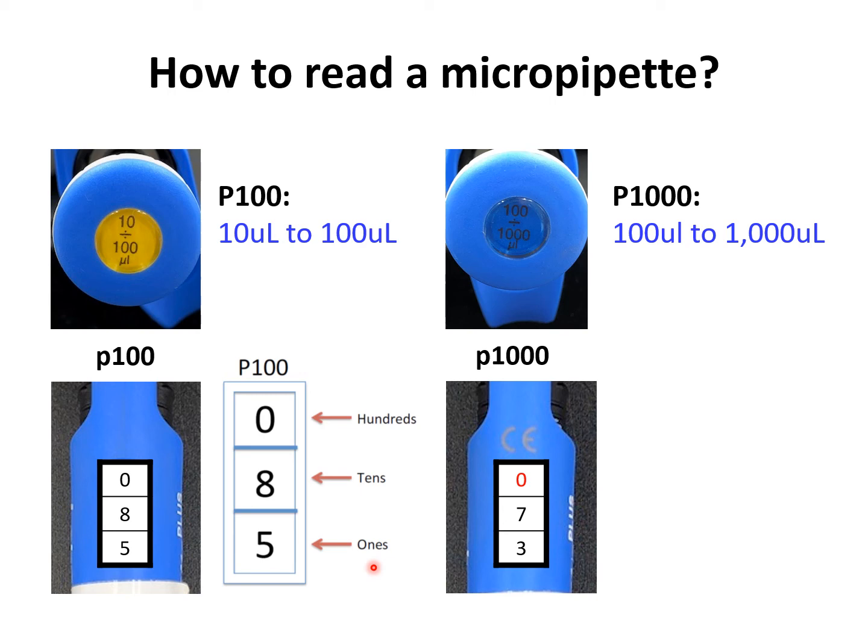So if I go ahead and set a P100 so that my display window is going to show 085, what does that mean? Is that 85 microliters? Is that 8.5 microliters? Is that 850? Okay, so let's see.